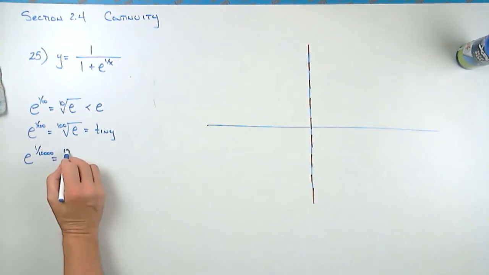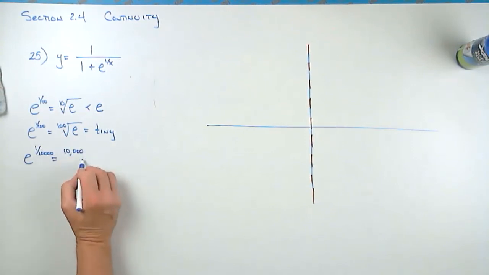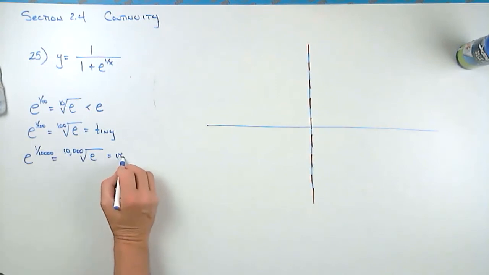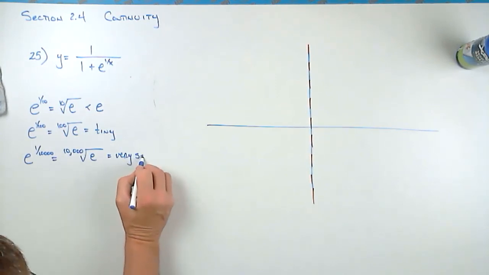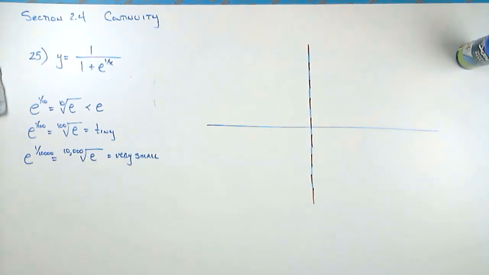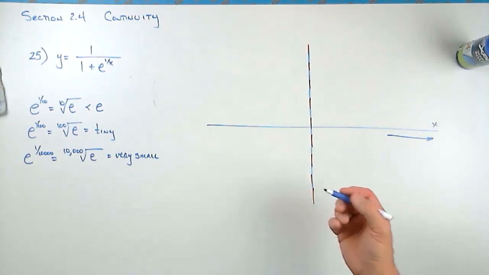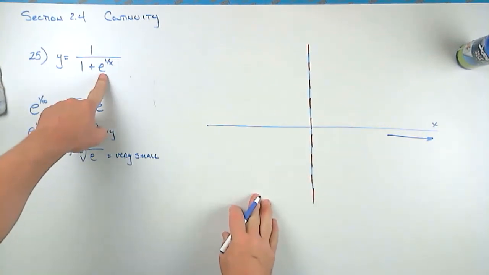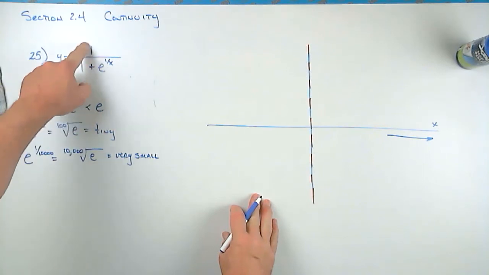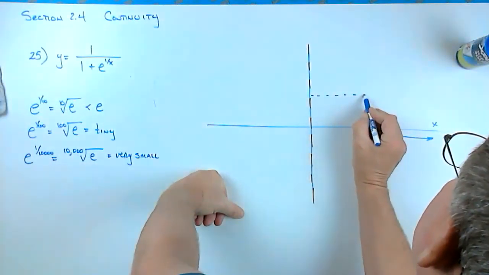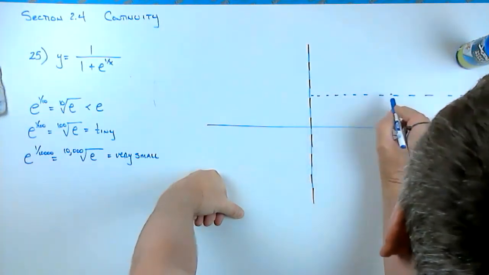That's the 10,000th root of e, and that's really tiny. So as x gets bigger and bigger and bigger, that's what we're asking ourselves, as x grows, this goes to 0. And I get 1 divided by 1. This has a horizontal asymptote at 1.